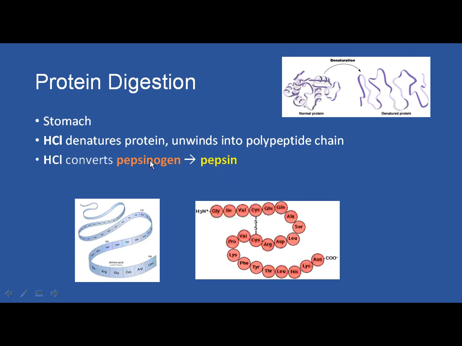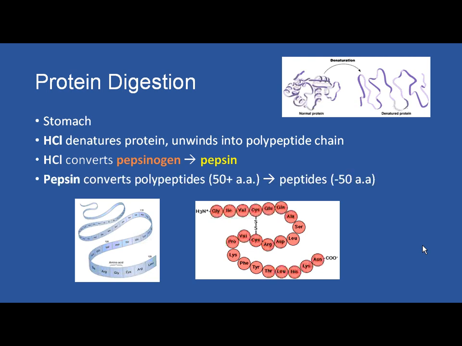The pepsinogen is simply the inactive form of that enzyme, and the hydrochloric acid is the person who's actually making it active. They're like the person who goes and flips that light switch. So hydrochloric acid is not an enzyme. Pepsinogen is an inactive enzyme, and then pepsin is the actual active enzyme form that you'll want to know.